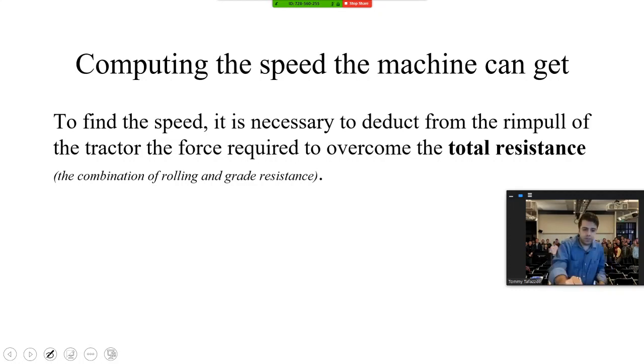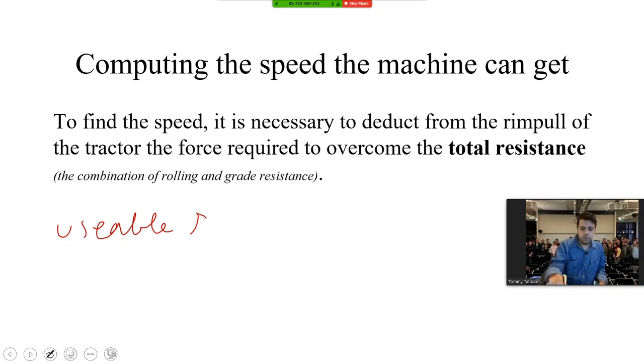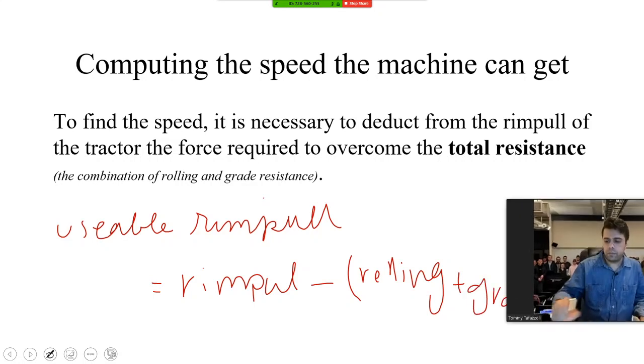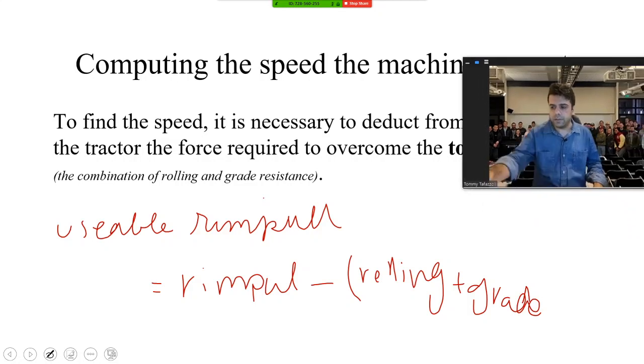So the usable rim pull is the rim pull minus rolling plus grade resistance.